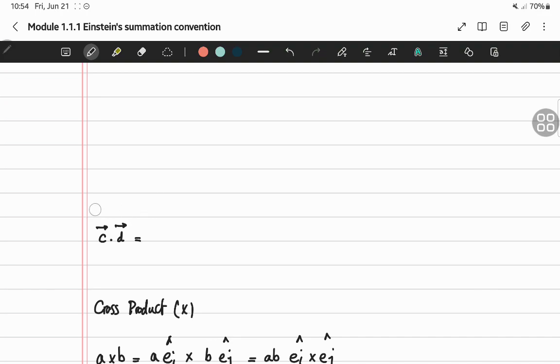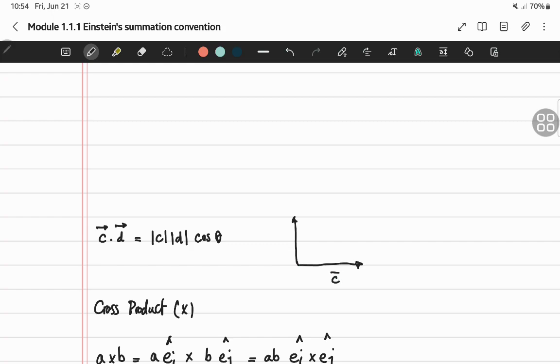What the dot product does is take the magnitude of C and D and the cosine between the two unit vectors. In high school we already had orthogonal systems.